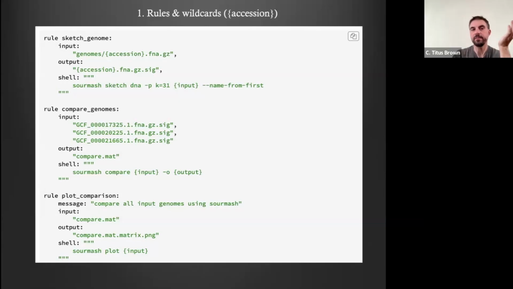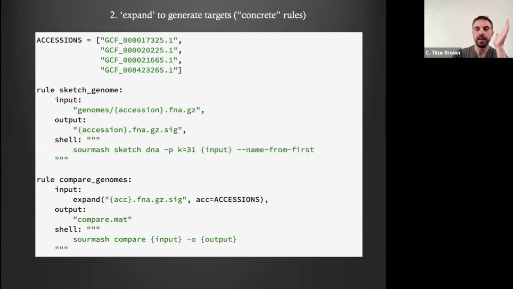And then the other side of SnakeMake is what I call concrete rules. This is my own definition. And concrete rules are literally just what you want made. So there's a bunch of rules telling you how to make certain things. And then here you say, well, I want you to actually make these 4 signature files.